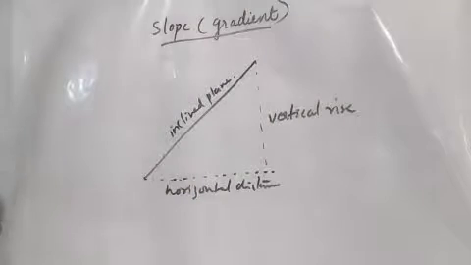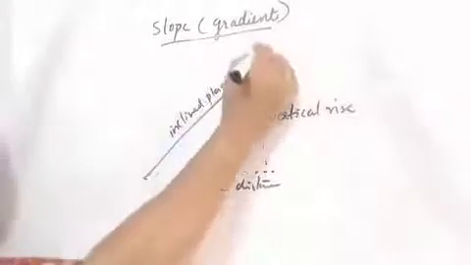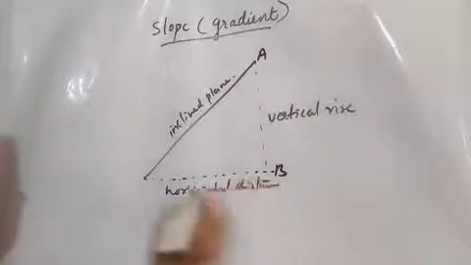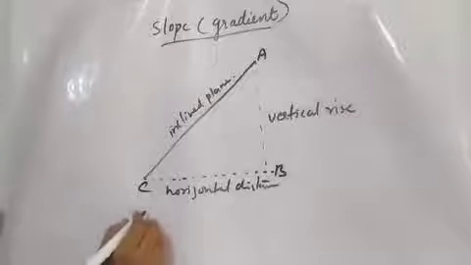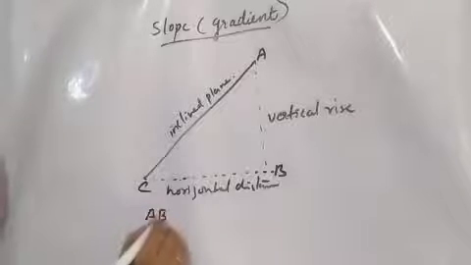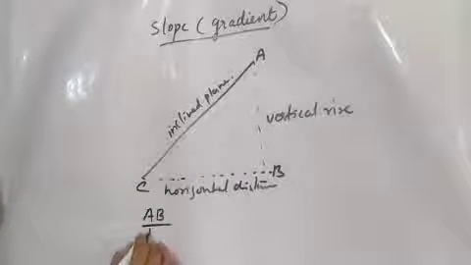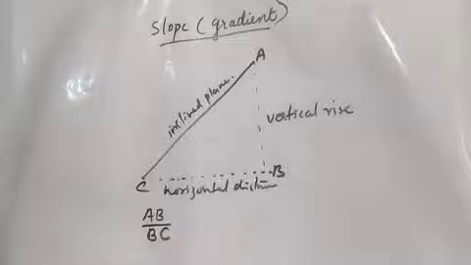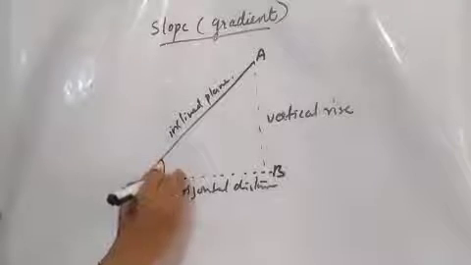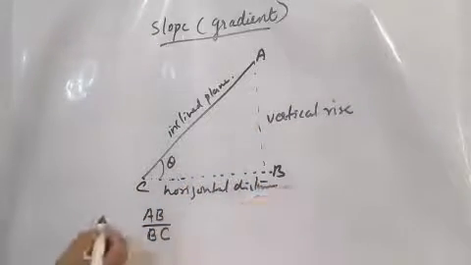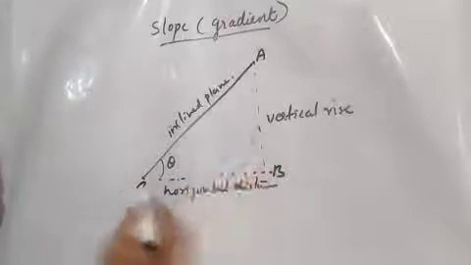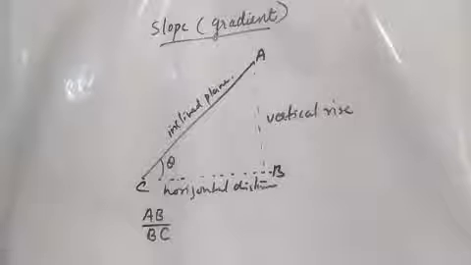Let the vertical rise be AB and the horizontal distance be BC. Then how can we write the ratio of vertical rise and horizontal distance, AB by BC? With respect to this angle, let it be theta. Vertical rise by horizontal distance is the same as perpendicular by base, or opposite side by adjacent side.